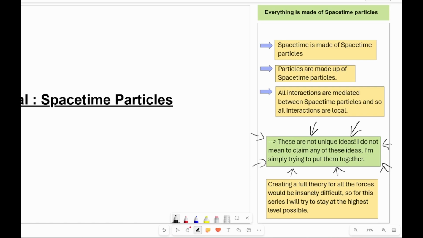Now, I had thought that creating spacetime particles to cover everything would be a nice start. Unfortunately, that is insanely difficult, and it turns out that addressing dark matter is one of the lower hanging fruits. So we're going to stay on a pretty high level for this first layer of understanding of some sort of Aether-like medium.